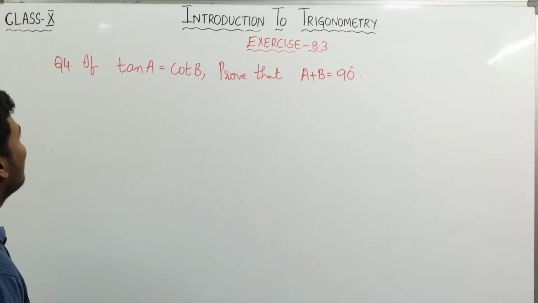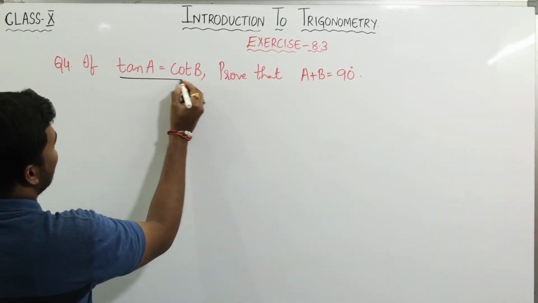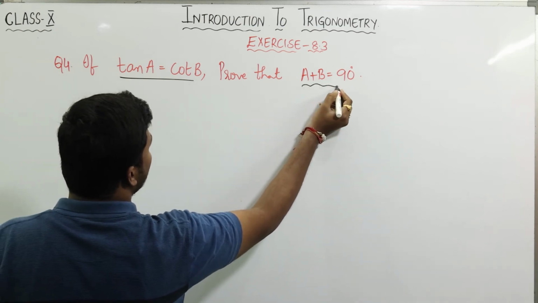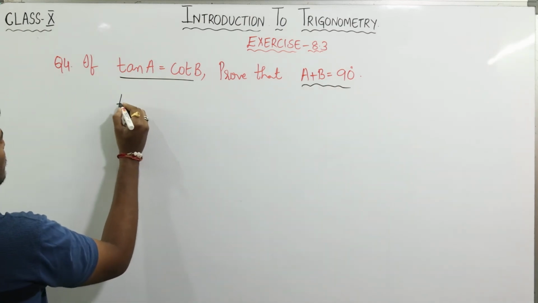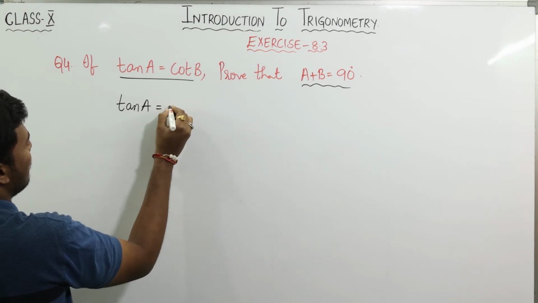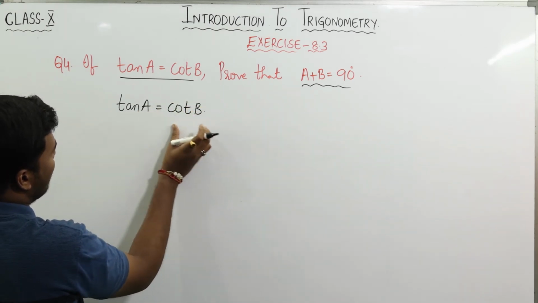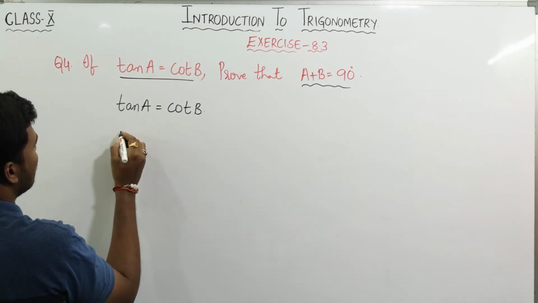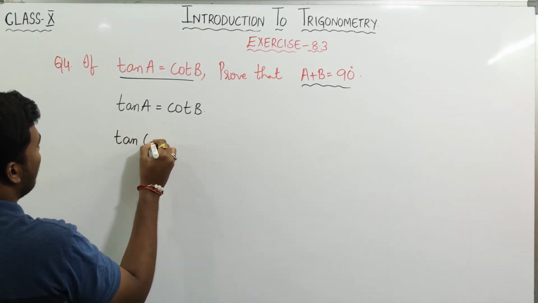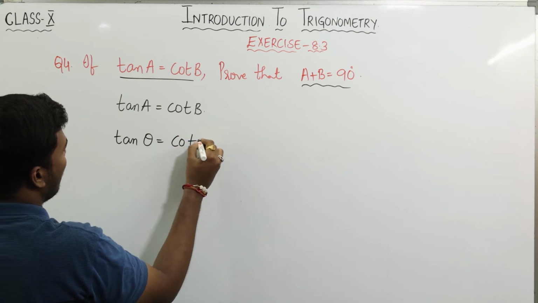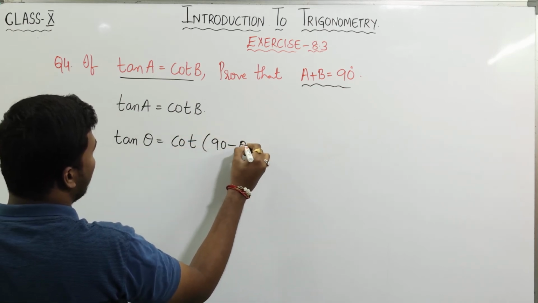The fourth problem, that is, if tan A is equal to cot B, then we have to prove that A plus B is equal to 90 degrees. So let us consider tan A is equal to cot B. Select any one, either tan or cot. If you select tan, it is in the form of tan theta, which you can write as cot(90 minus theta).